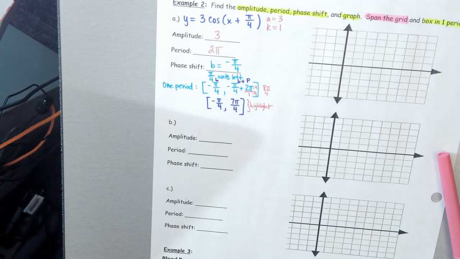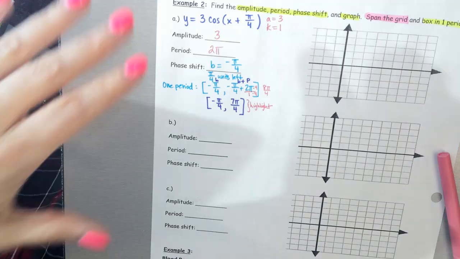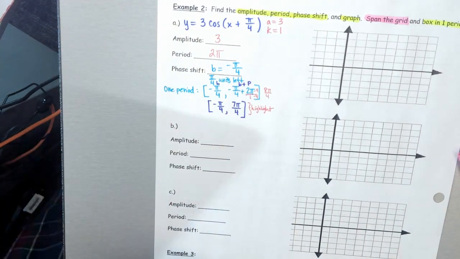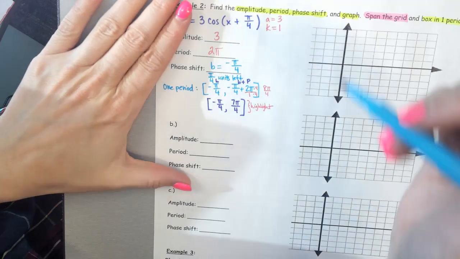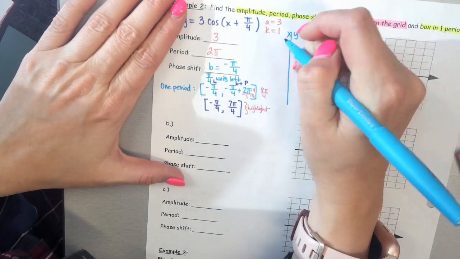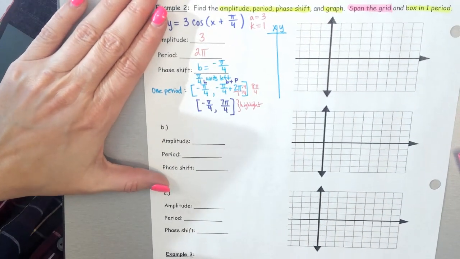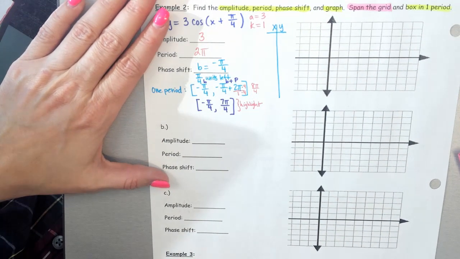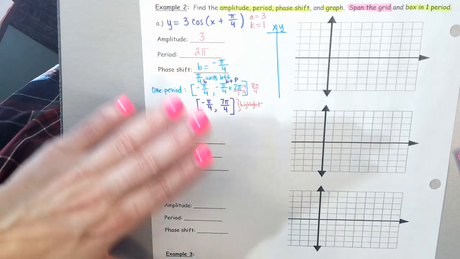Now, when you are doing your table, there are so many different ways to do your table. There are many ways that you can get these values. For one like this, where your period is 2 pi, you can use the original function and just subtract pi over 4 for each one.